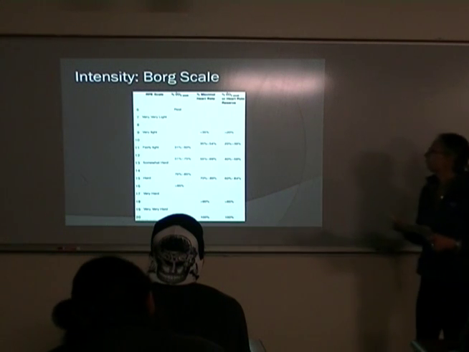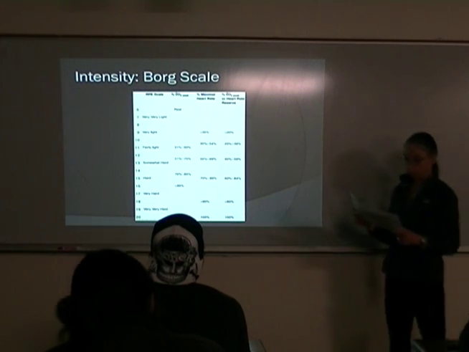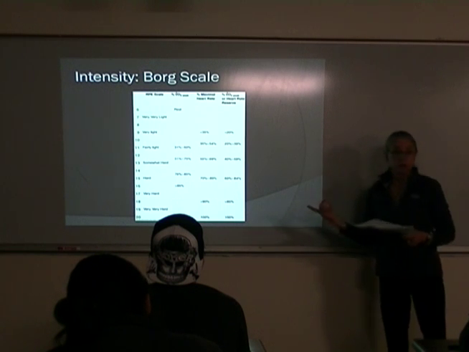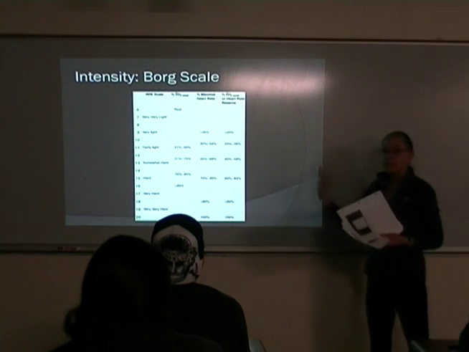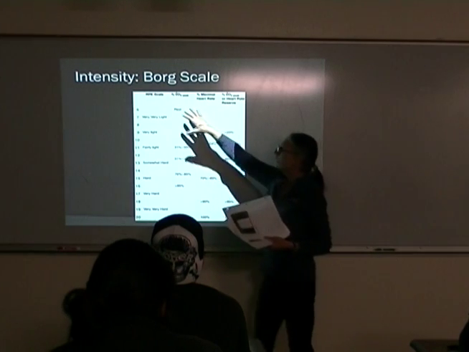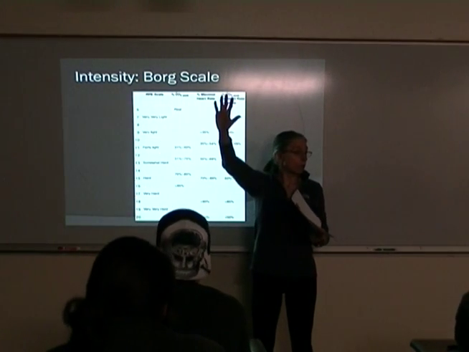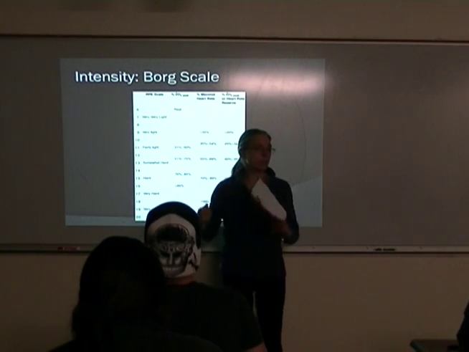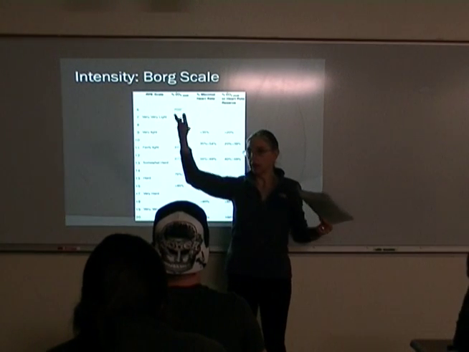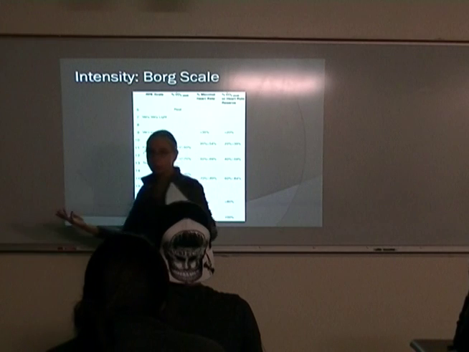Okay. All right. So often if you walk into a gym, they may have a Borg scale up on the wall so that when you're running on the treadmill or something, you can have an estimate of how hard you're working.